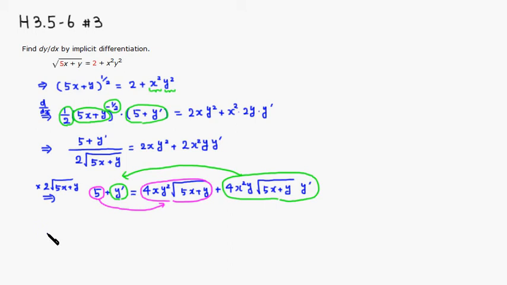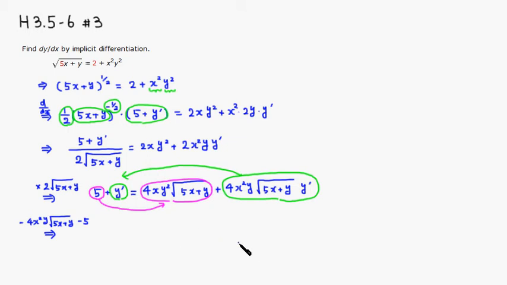So we basically need to subtract 4x squared y square root of 5x plus y to move this term to the left hand side, and also subtract 5 to move 5 to the right hand side.